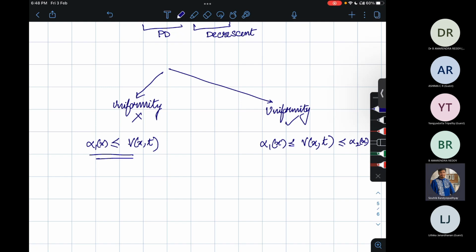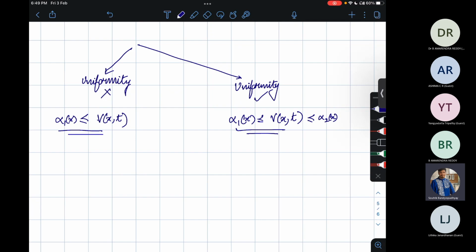So this condition must always hold. The left hand side condition must always hold. But if you want to show a better result, which is the uniformity result, you have to have a Lyapunov function which is decrescent. Is this clear now?